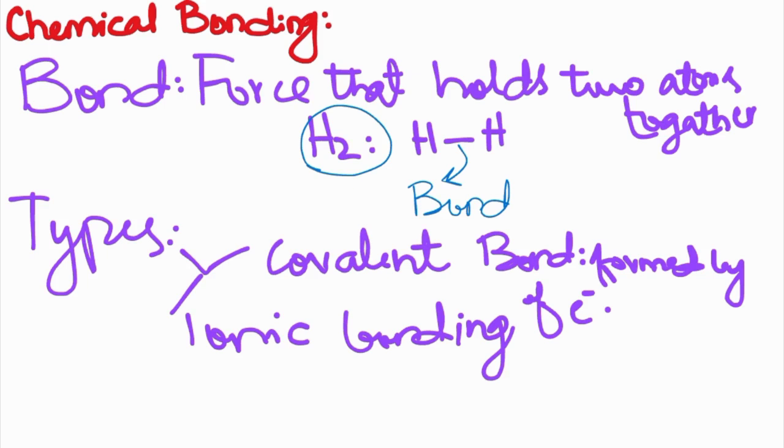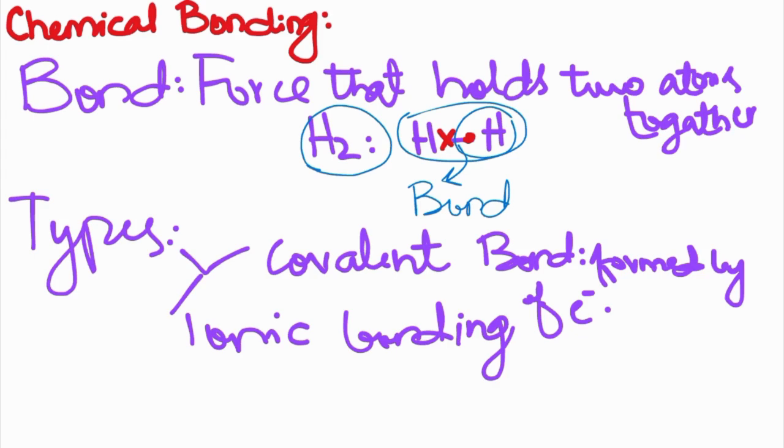Just like the example of the H2 molecule, in the H2 molecule two electrons are present between the two hydrogen atoms, and we can show the electrons with the help of a dot and cross structure. This structure shows that a hydrogen molecule has two electrons between the two atoms, shared by each of the atoms.